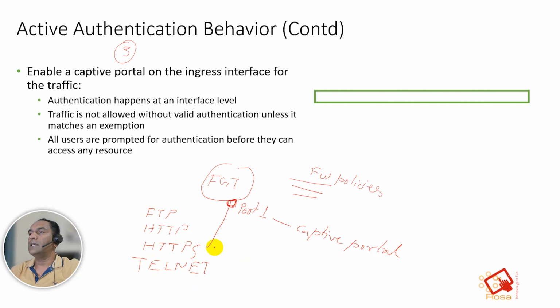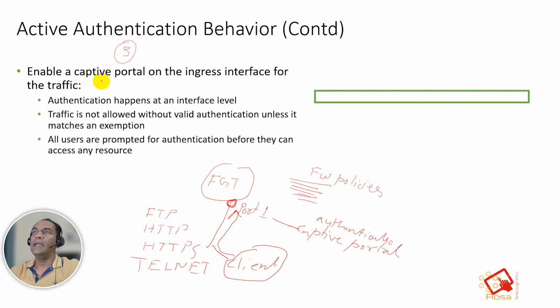So once a client, any PC, connects to port 1 and sends a request, immediately he will be prompted by the captive portal to authenticate. And once he is authenticated, then you can use this user in any firewall policy. So this is authentication at the connecting interface itself.